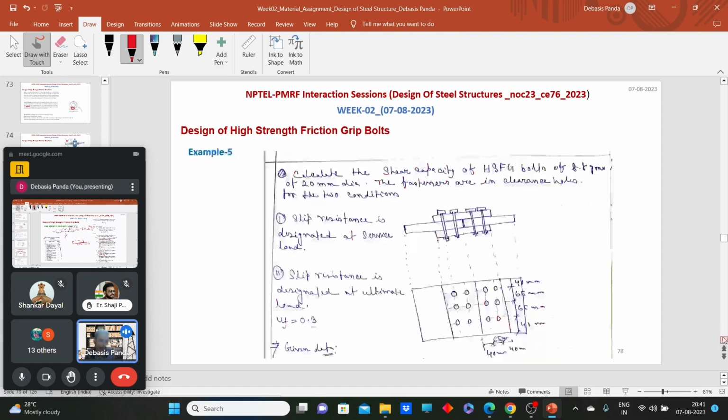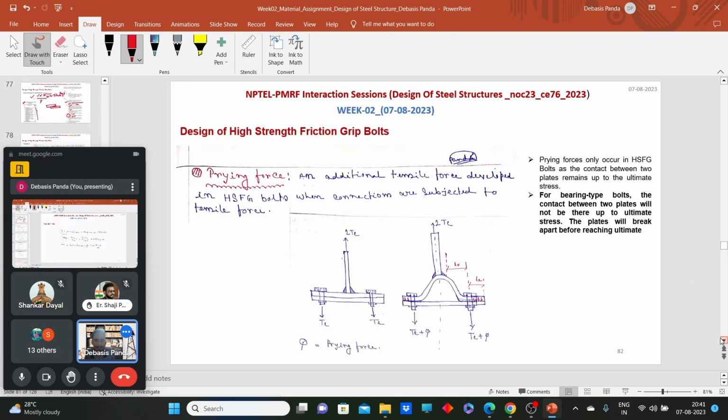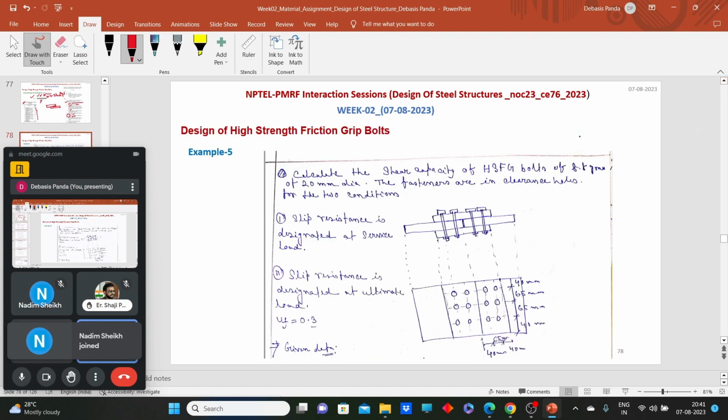Now, when we design using high strength frictional grip bolts, one more phenomenon will occur, that we call prying force. Before coming to that, we will quickly go into an example. I have added one example here.